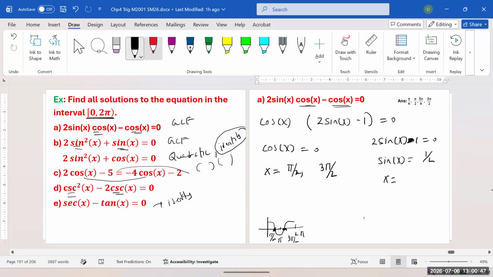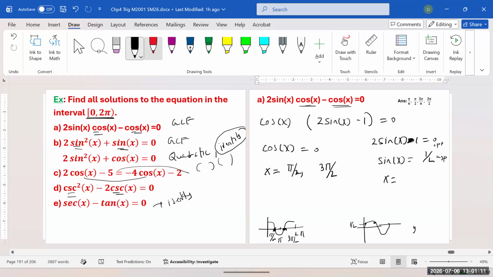Now for sine, let's see. Sine goes up, goes down, ends, and we're looking for 1/2. If this is 1/2, we have one angle here, another angle here. So for sine, we are going to have two answers. Now sine is opposite over hypotenuse. Also, it's the y value.